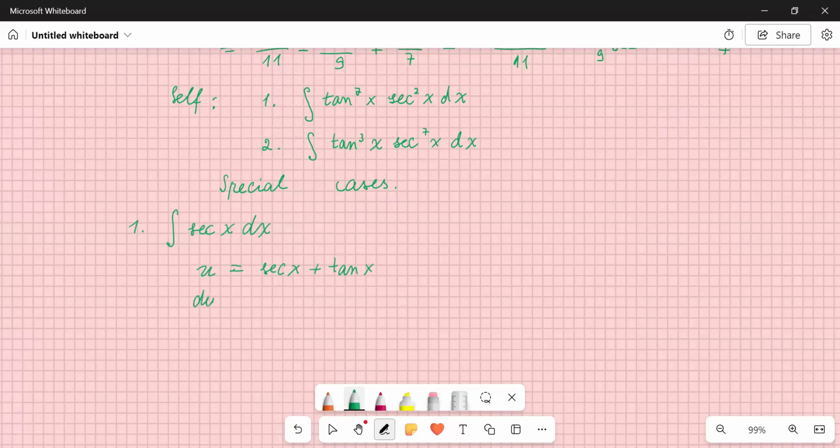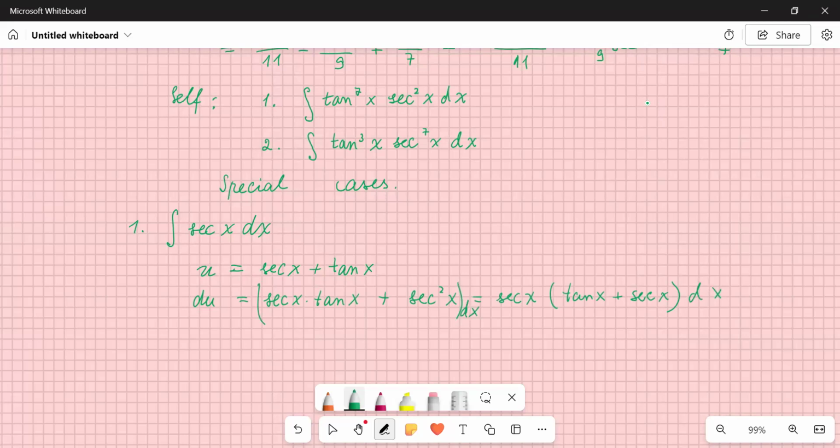So what is du in this case? First, the derivative of secant is secant tangent, right? The derivative of tangent is secant squared of x. If I take secant of x outside, I'm going to have secant of x times tangent of x plus secant of x. Well, it still doesn't tell us much. I'm sorry, I'm supposed to write down dx over here.